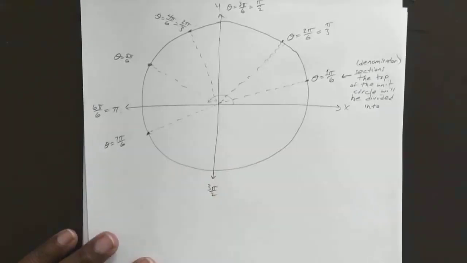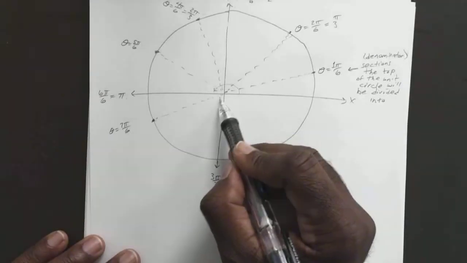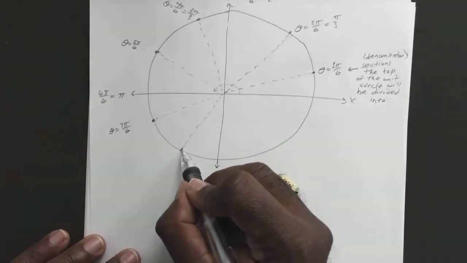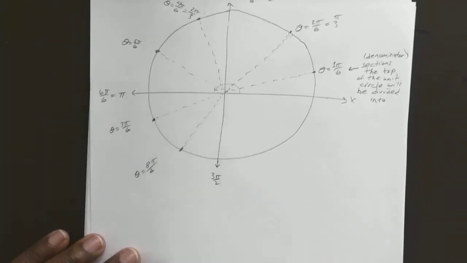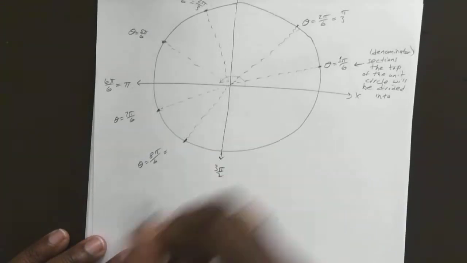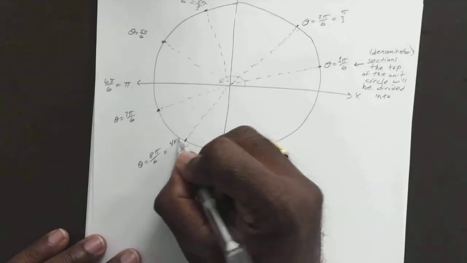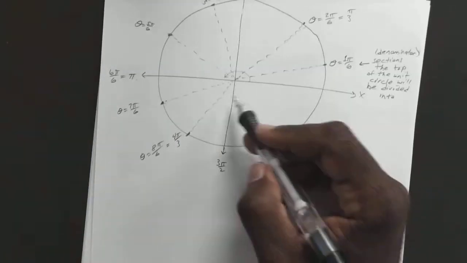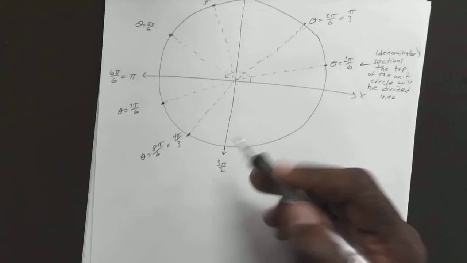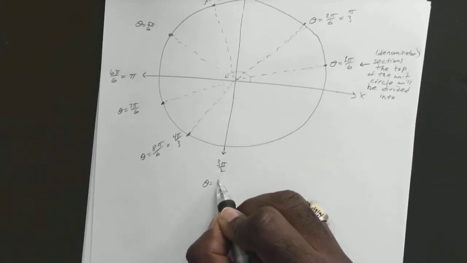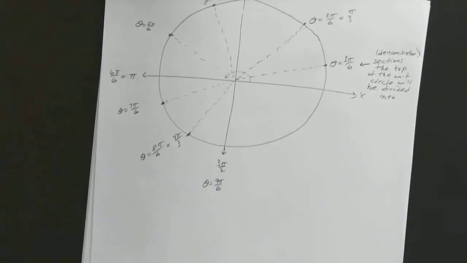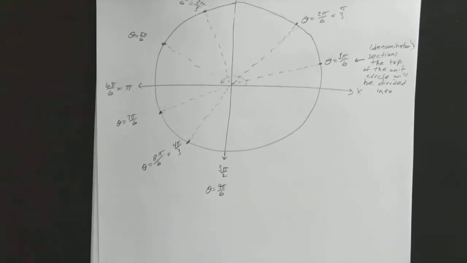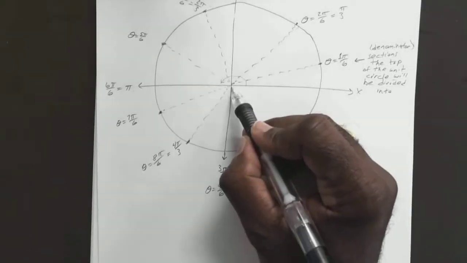let's say we have theta equals 7 pi over 6. Okay, now we have theta equals 8 pi over 6, which is 4 pi over 3. So this would give us theta equals 9 pi over 6, which once we simplify it is our 3 pi over 2. So we have 9 pi over 6.